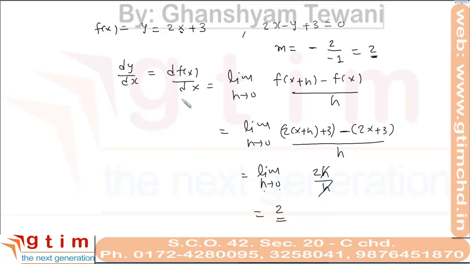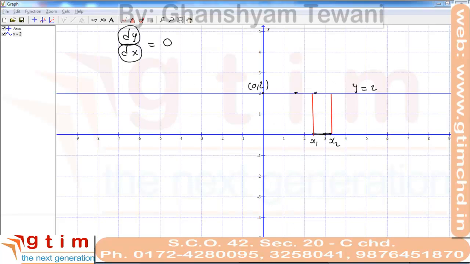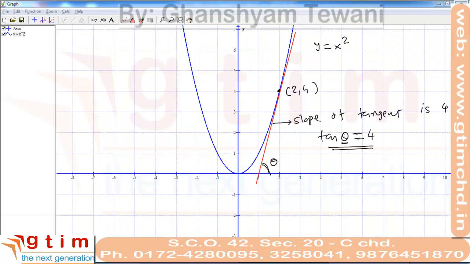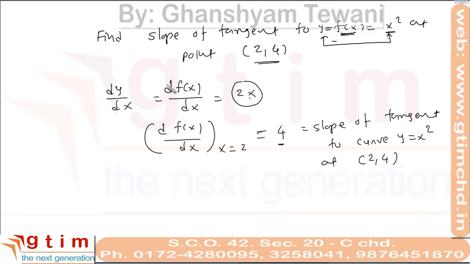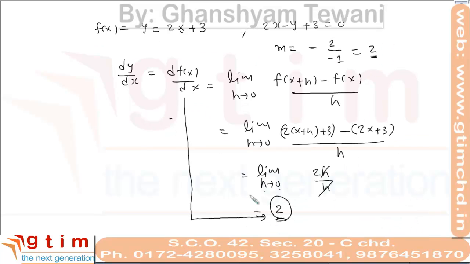So we can see that for this function, the slope of the tangent does not depend on the value of x, because here the value is just 2. But in the case of y is equal to x square, the value of the derivative was dependent on the value of x. Now this is a quadratic function, but this is a linear function, and since this is not dependent on x, this is always constant.